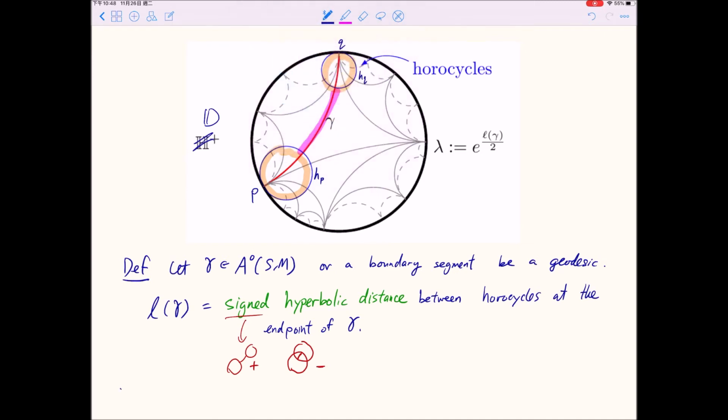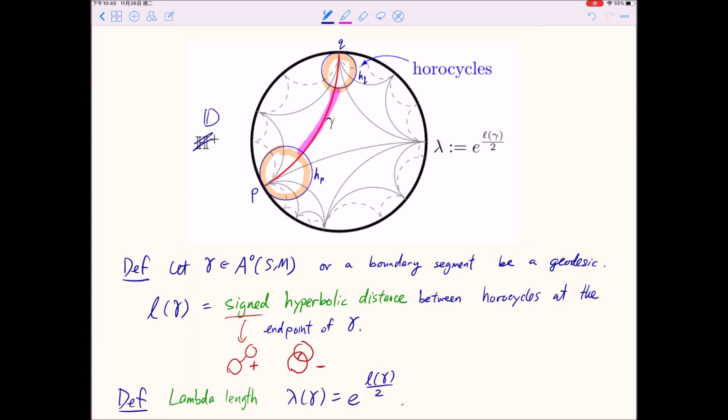Then finally, the lambda length will be defined by e to the power L of gamma over 2.